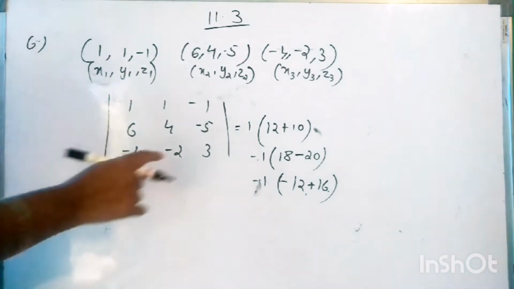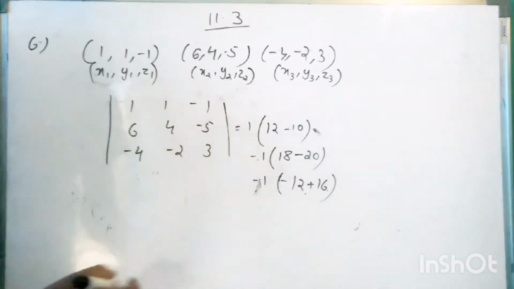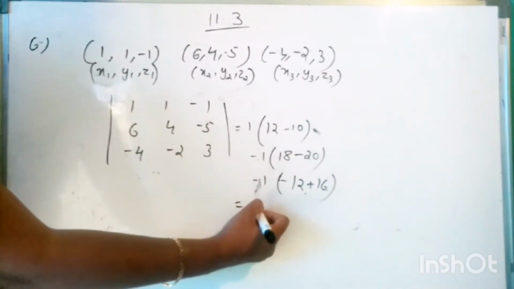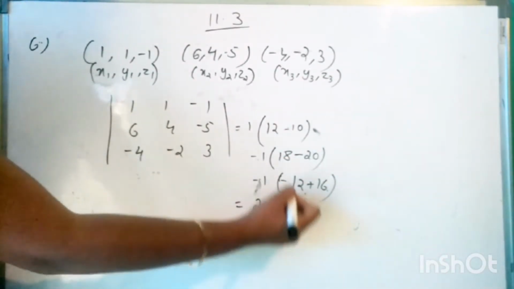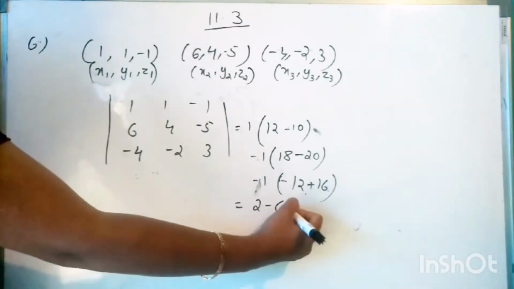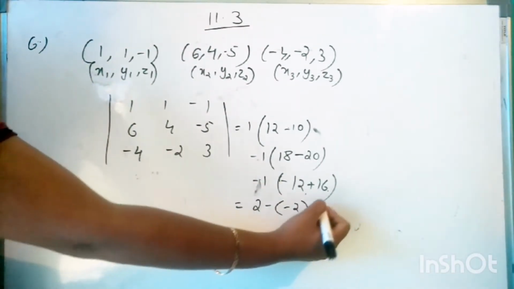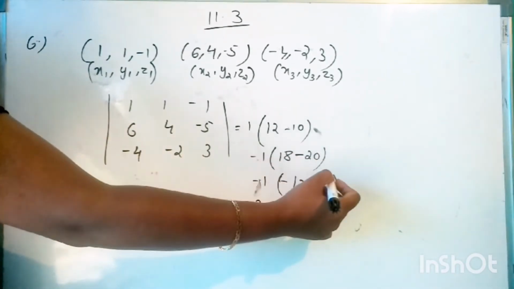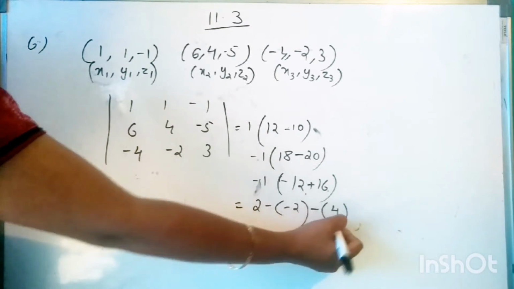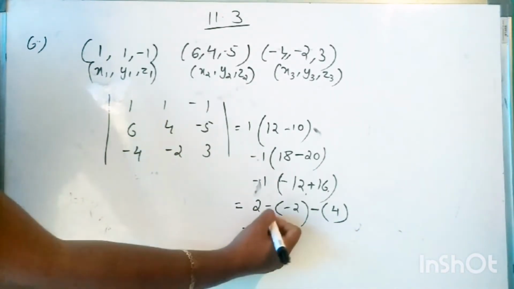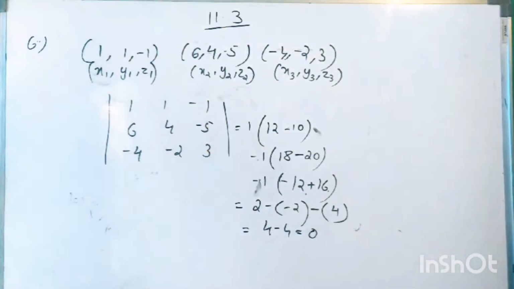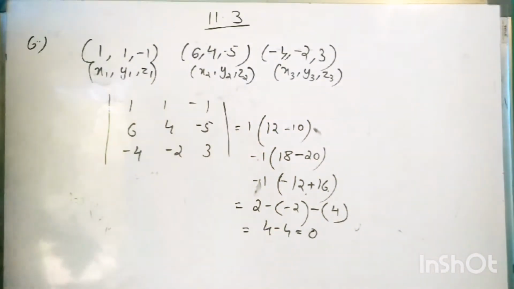This is 12 - 10 = 2, minus (18 - 20 = -2), again -12 + 16, that is 4. So 4 - 4 is equal to 0. So we got the determinant equal to 0. That means these 3 points are collinear.